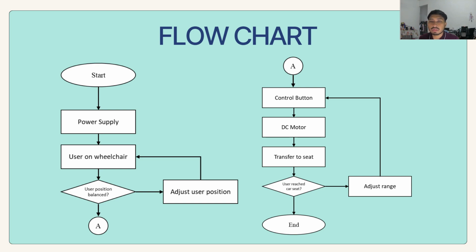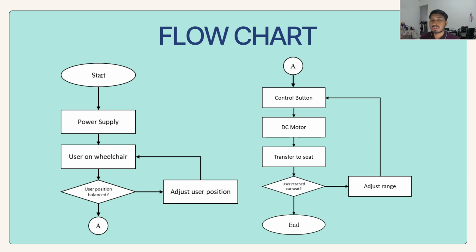After we have confirmed that the height of the patient after being lifted is such that their bum is not touching the seat of the wheelchair, we can transfer the patient to the seat.